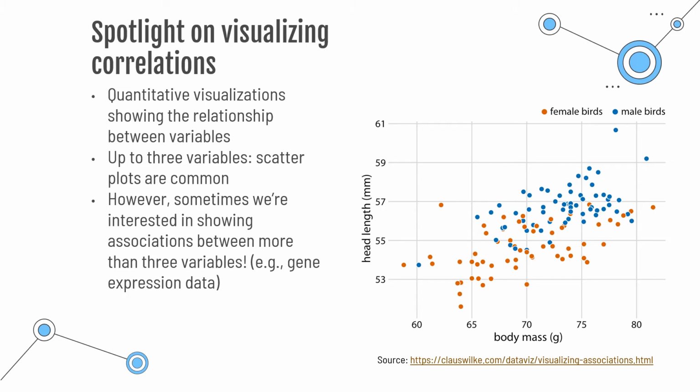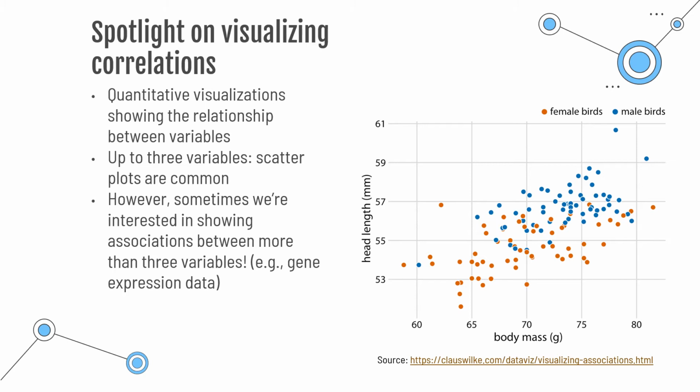So you can see on the right, there is a scatter plot showing the relationship between the body mass on the x-axis and then the head length on the y-axis of various birds. And the colors of the dots indicate whether these data were taken from female or male birds.